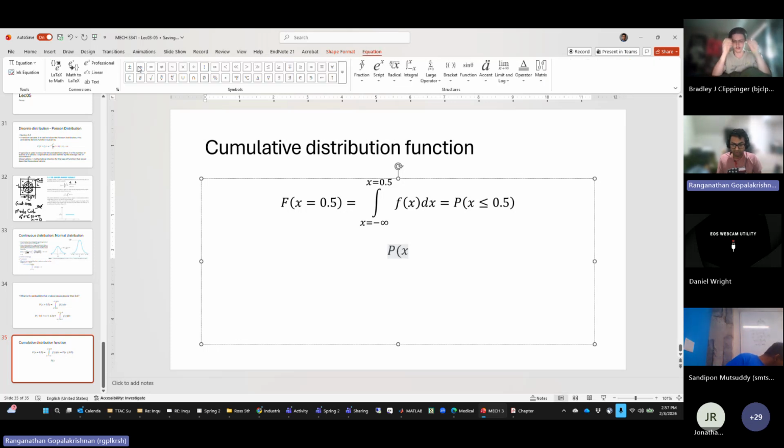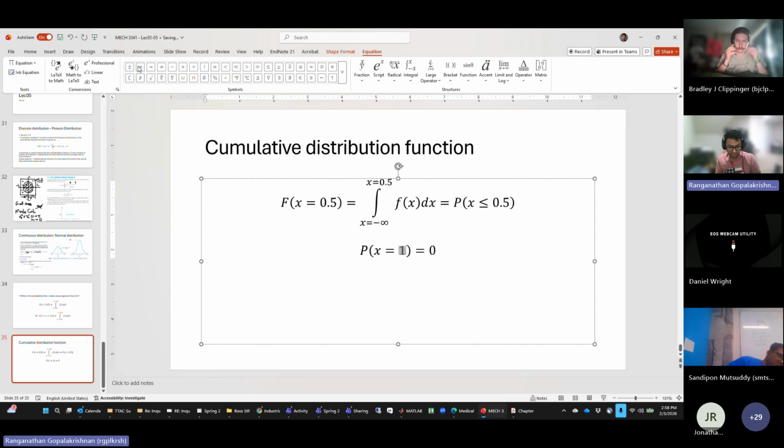All right. Here's another question. What is the probability that x assumes an exact value of 1? What is the chance that a continuous variable takes on an exact value of 1? It's 0. It's not just for 1.